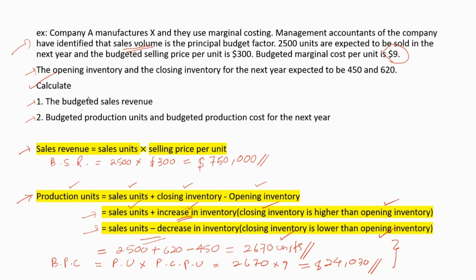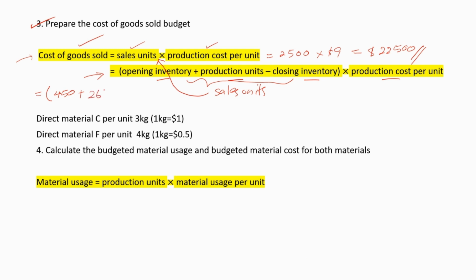Production units is equal to 2670 as calculated here, minus the closing inventory 620 multiplied by 9, which is also equal to $22,500. Both of these equations will give you the same answer.